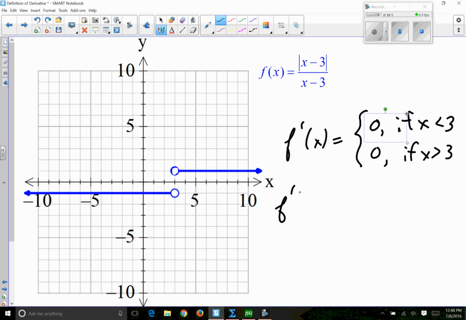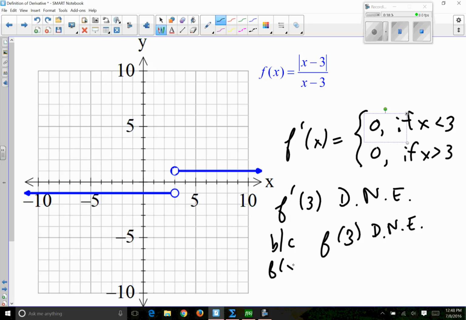But the derivative of this function exactly at 3 does not exist because the function itself does not exist at x equals 3. We can't find the derivative at 3 if the function itself is not continuous at x equals 3. This blue function is not continuous at x equals 3, so it can't have a derivative at x equals 3.